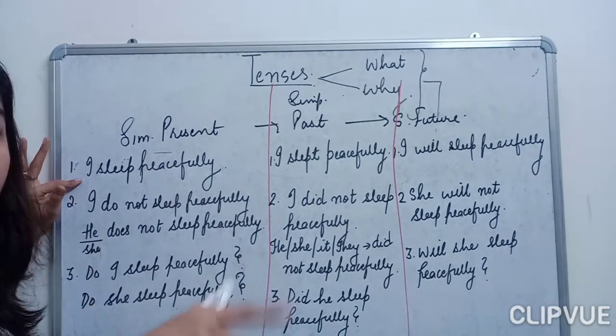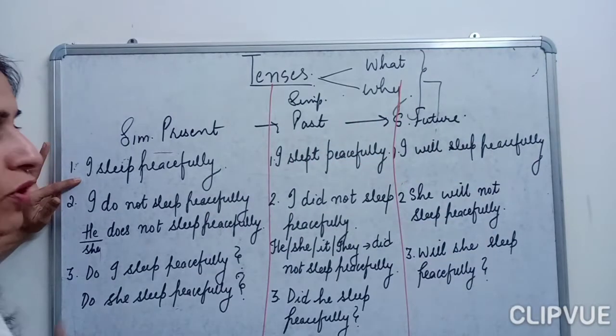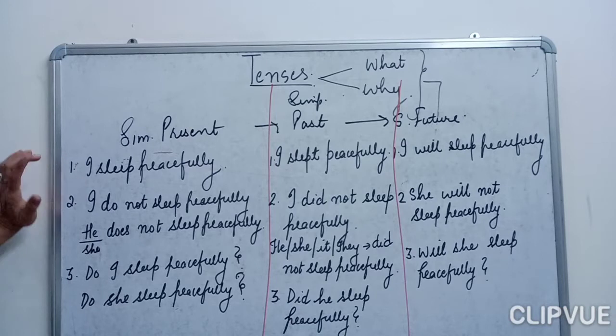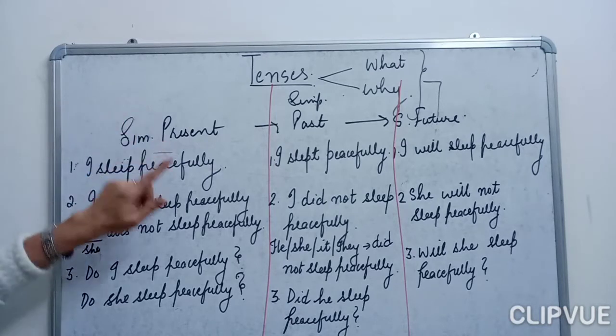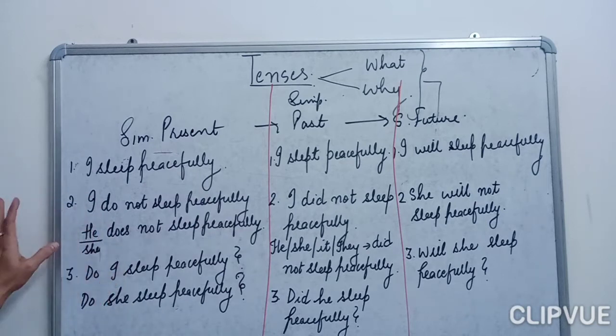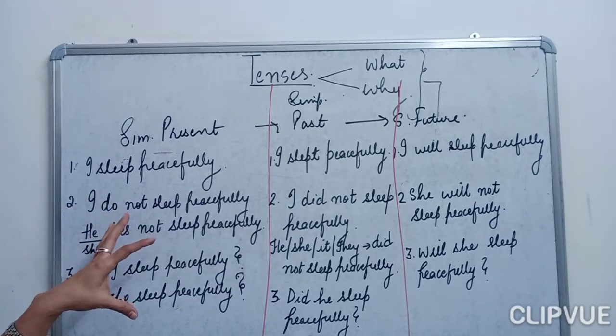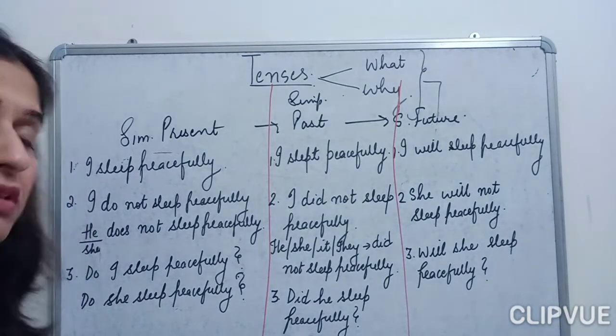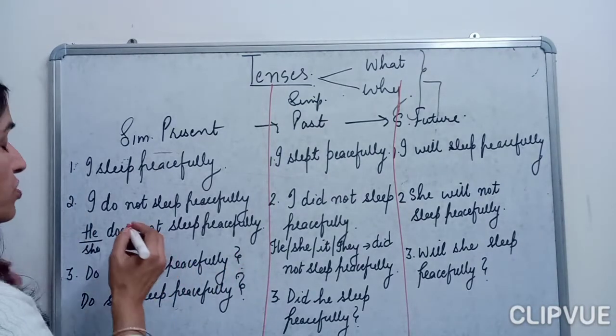Let's take one sentence and let's understand it with the different tenses. I sleep peacefully. This is a positive sentence. Okay. If I am talking about a negative sentence, how do I frame a negative sentence in the present tense, children?